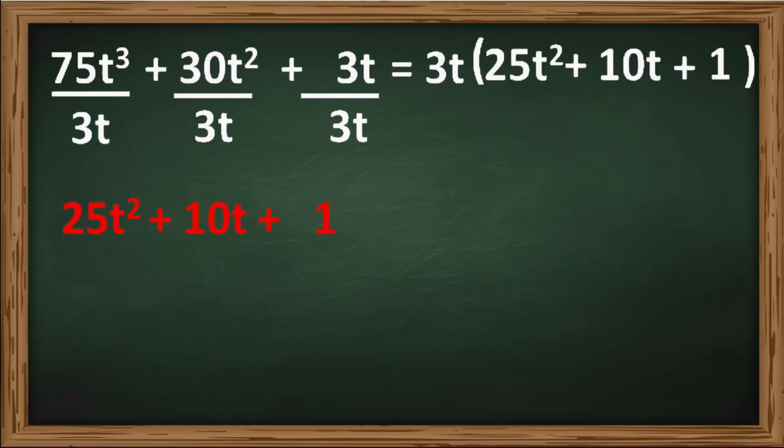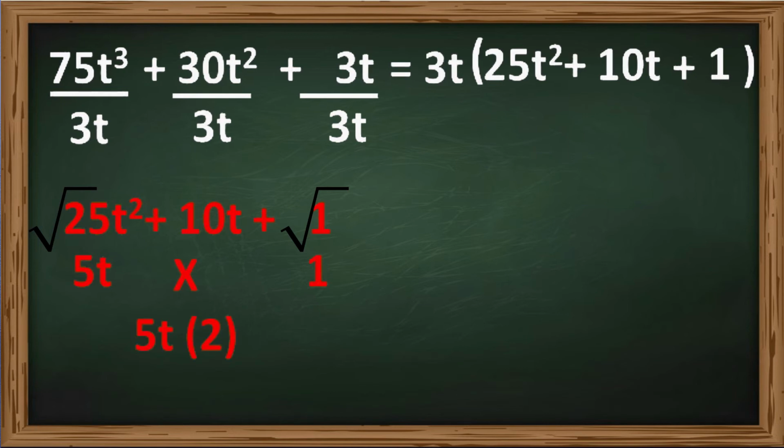At the first 10-second glance, yes, it is. 25t squared and 1 are perfect squares. And if we multiply their square roots, which is 5t and 1, and then twice the product, we got 10t, which is the middle term.